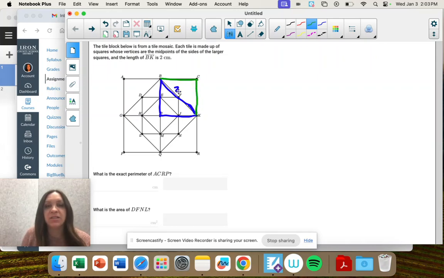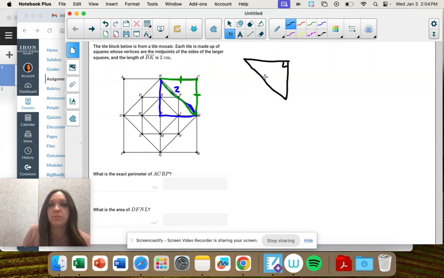BC and CK. So if this is 2, we have a 45, 45, 90. And whatever these lengths are, let's call them x. We take that value and we times it by the square root of 2.